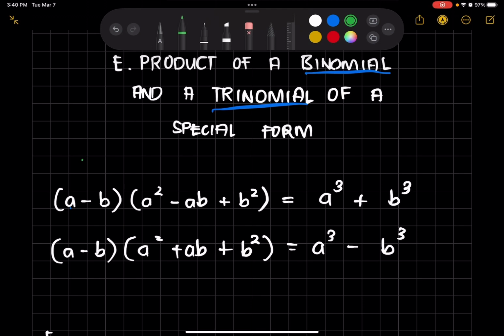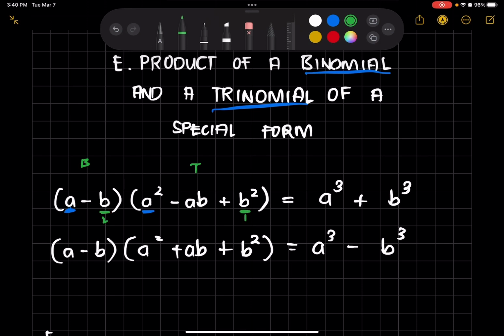So, next characteristic that should be met is kailangan yung first term natin ay squared siya dun sa first term ng trinomial. Yan, similar, pero nakasquared lang siya dun sa trinomial. Next characteristic, the third one, baligtarin natin, kailangan nakasquared din yung last term. So, yung last term, pero nakasquared siya dito sa trinomial.